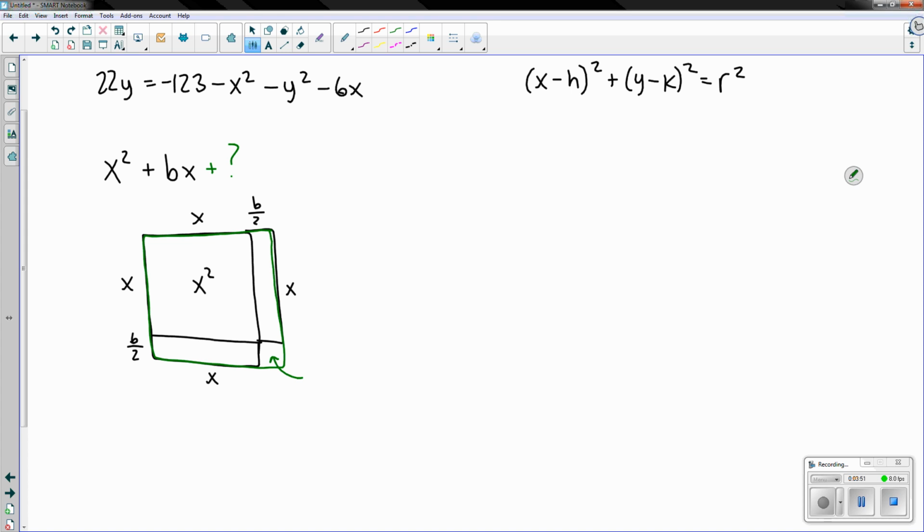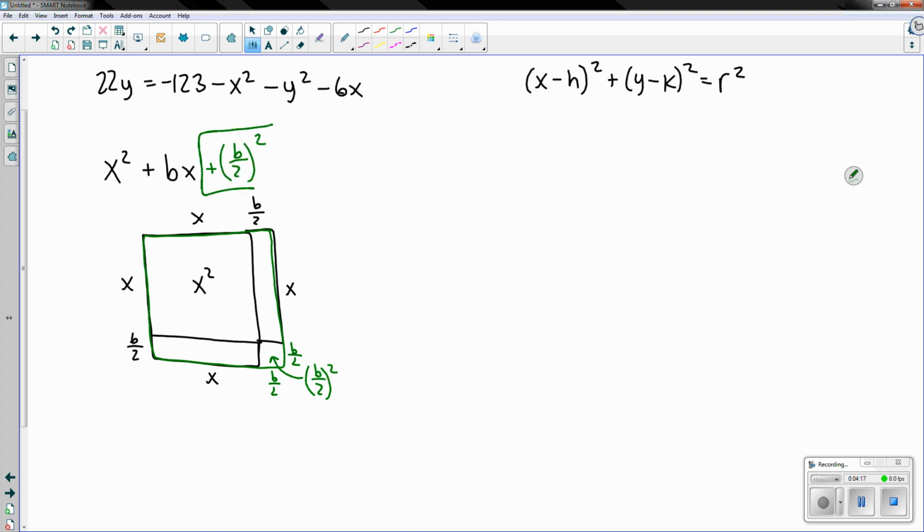We have the area formula for a square plus the area formula for two rectangles, and we want to figure out what the area formula for that little square in the bottom right would be in order to complete the square. Well, we know that little square has dimension b over 2 by b over 2. So we should add b over 2 squared, which would be the area formula for that square.